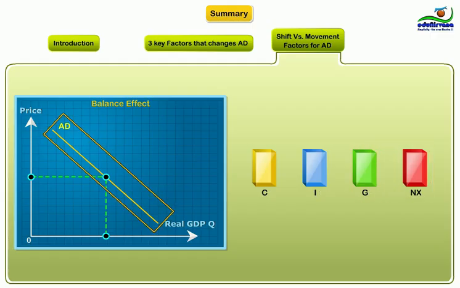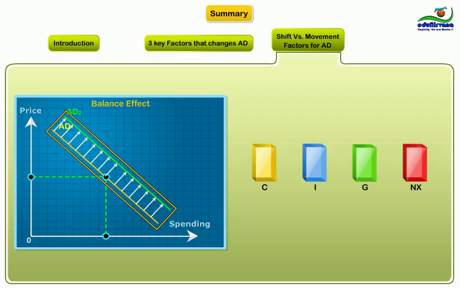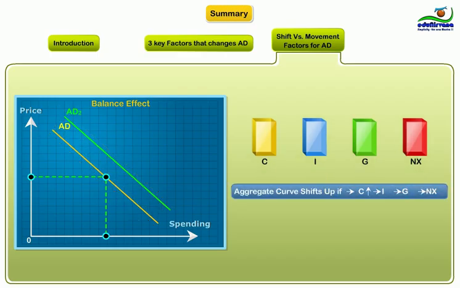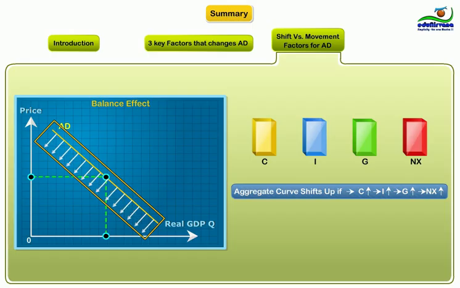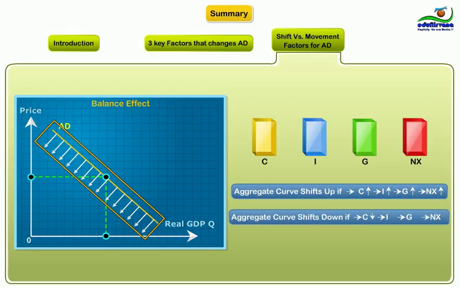This expenditure amount will shift up if consumption rises, investment rises, government spending rises, or net exports rise. It will decline or shift down if consumption falls, investment falls, government spending falls, or net exports fall.